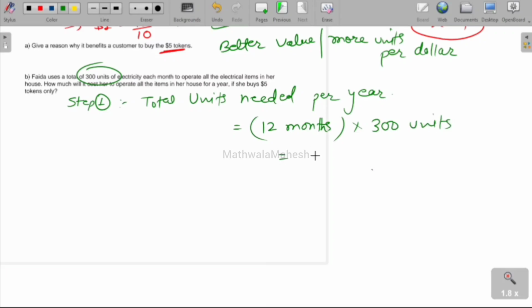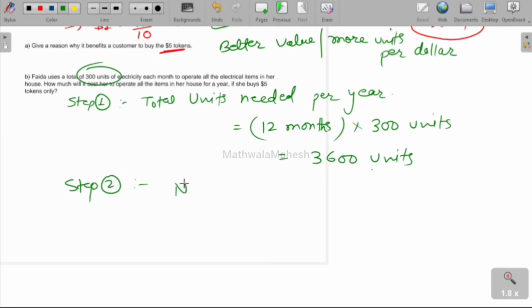So total units for a year are 3600 units. Now step 2, we have to determine how many $5 tokens are needed.